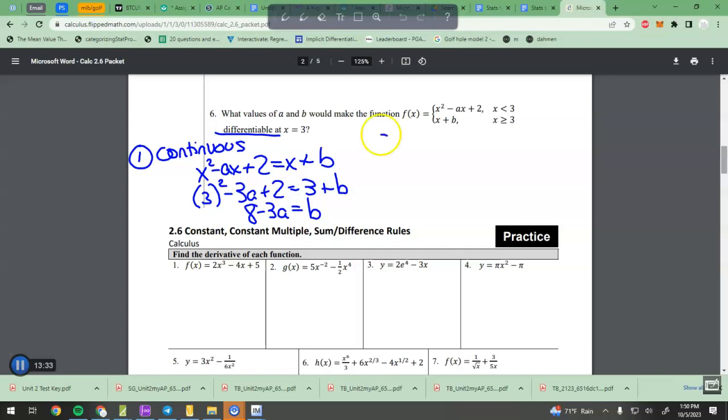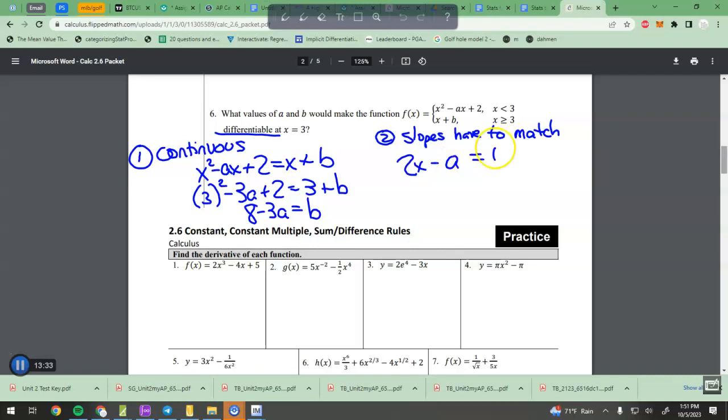The other equation comes from the fact that the derivatives have to match. Slopes have to match. So the slope of the first one is 2x minus, what's the derivative of ax? a. And I've got to set that equal to the slope of the second one.